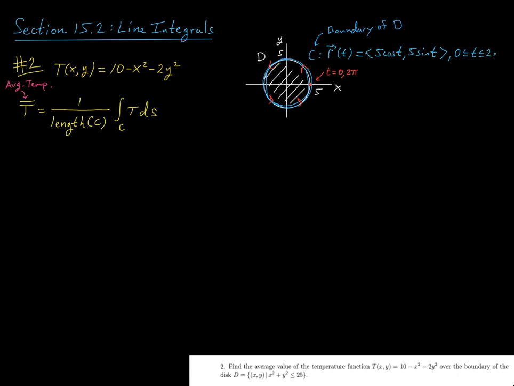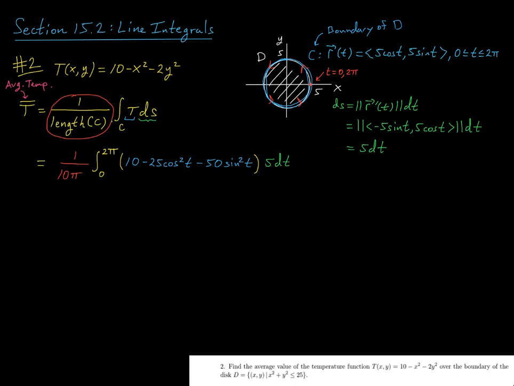So now let's go ahead and set up this line integral. The temperature function evaluated along the curve C is found by plugging in 5 cos t for x and 5 sin t for y, and that's going to give us 10 - 25 cos^2 t - 50 sin^2 t.